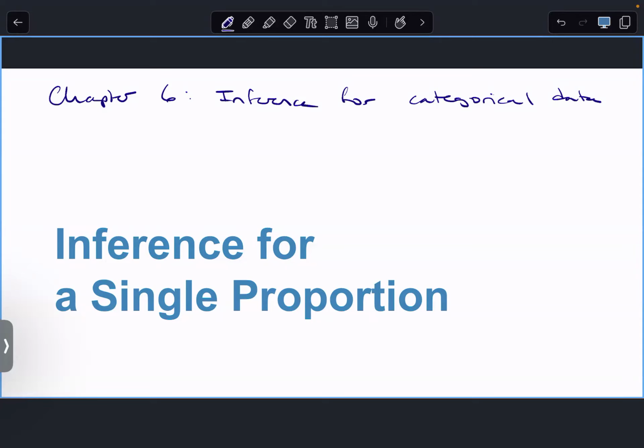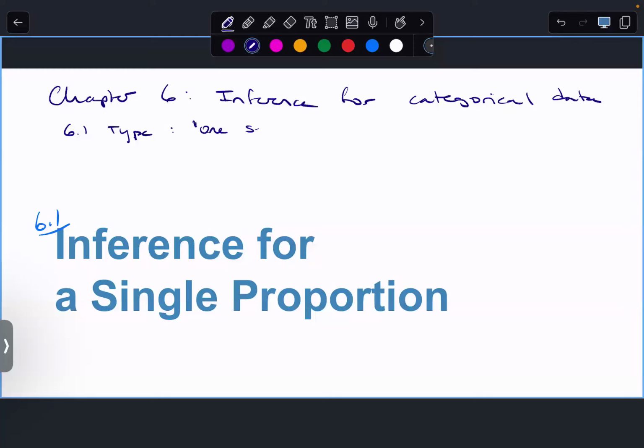Okay. Now, for each of these sections, we're going to introduce a new type of question. Luckily, here in 6.1, we've already done 6.1 essentially. The 6.1 type of question is one sample proportion.